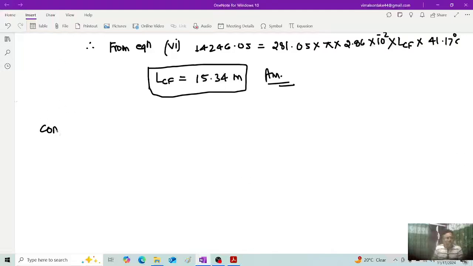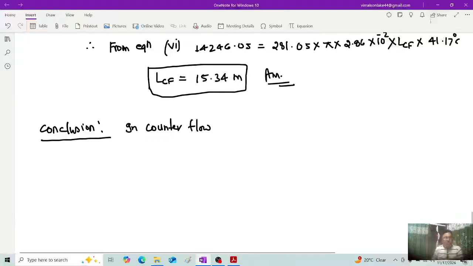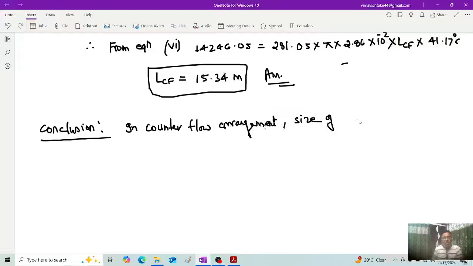So I can draw conclusion in counter flow arrangement size of heat exchanger will get reduced.